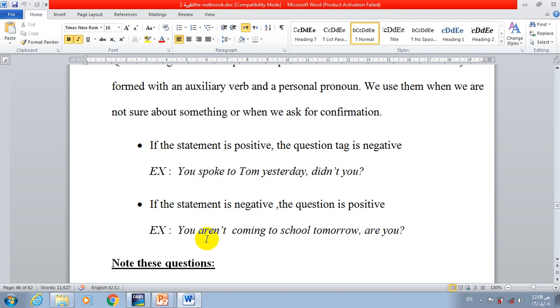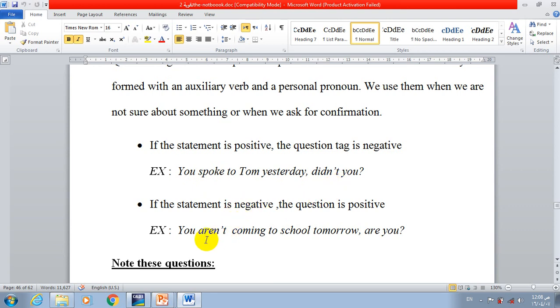And if it is negative, like you see, you aren't coming to school tomorrow, we must put the question tag in affirmative. Again, if the main sentence is positive, the question tag must be negative.